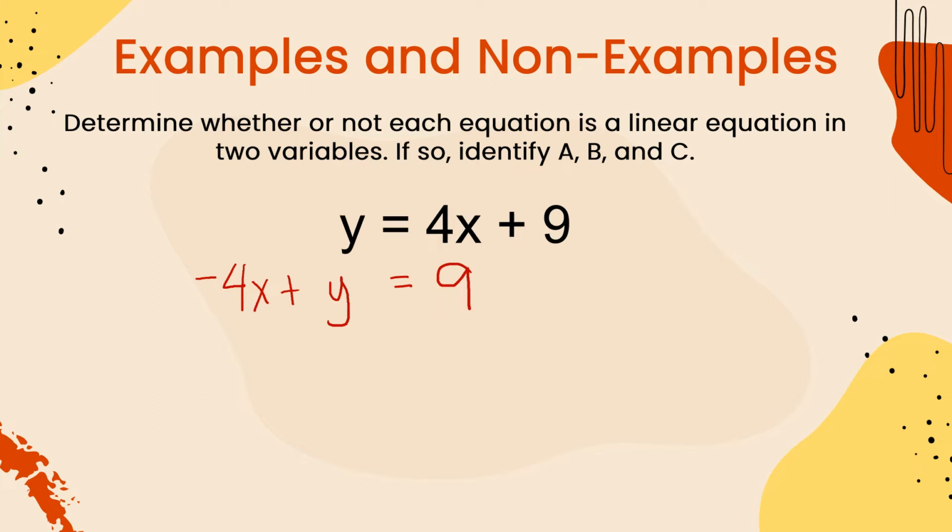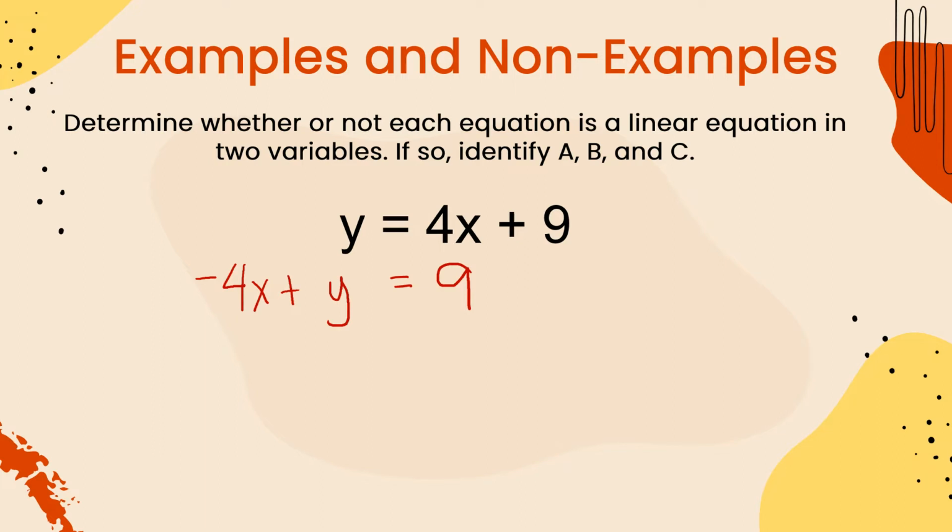When it comes to linear equation, and since may word nga tayong standard form, usually, ang first term natin ay laging positive. But on our case, we have negative 4x plus y is equal to 9.